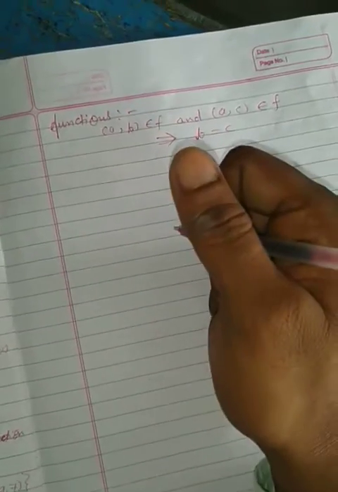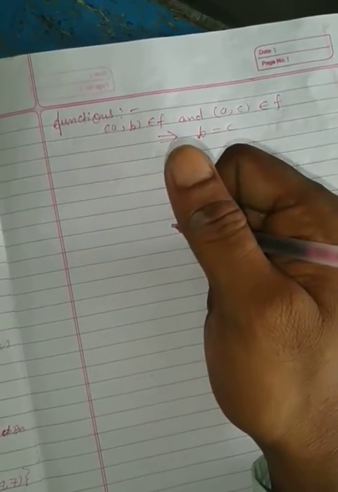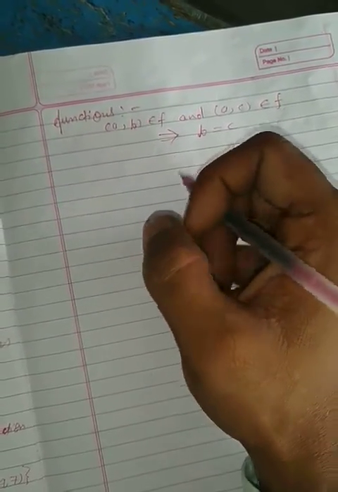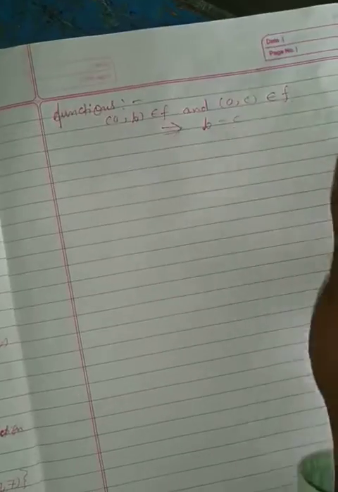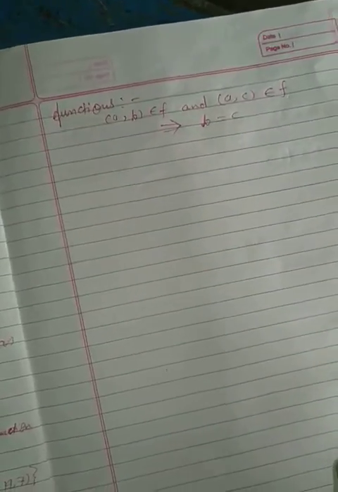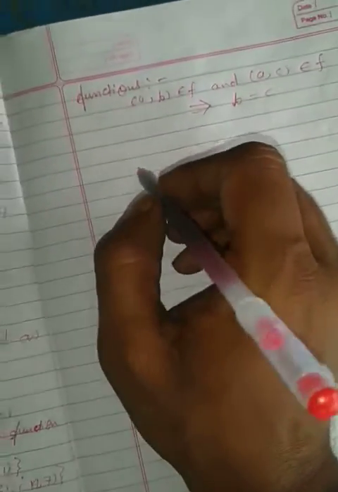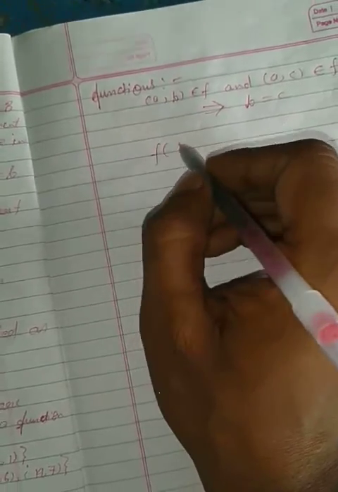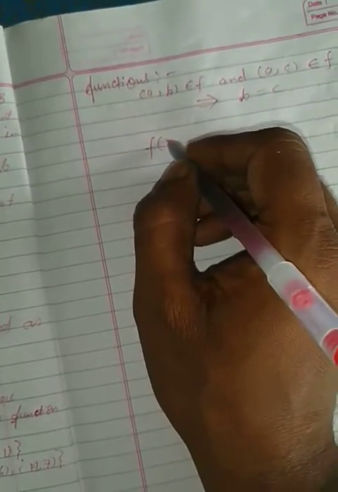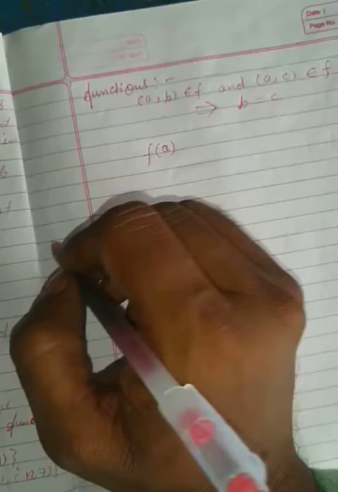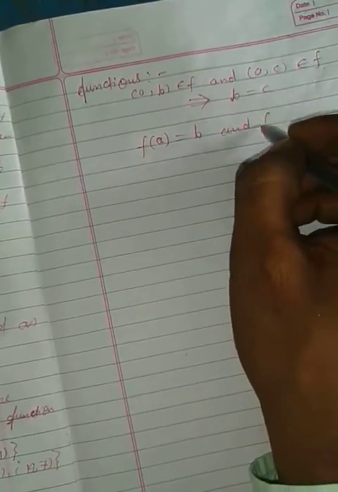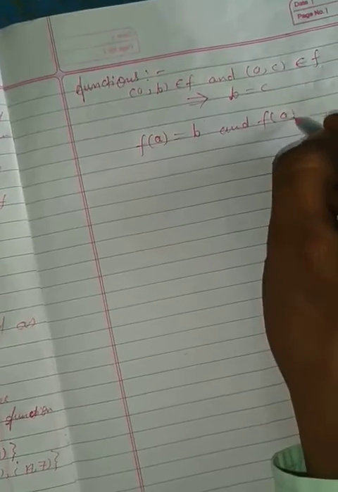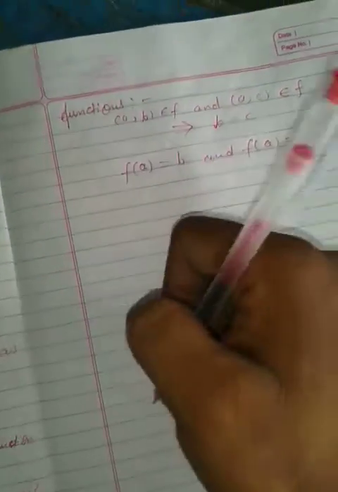In other words, at a single point the function must not have more than one value. Suppose the value of the relation at a is equal to b, and the value of the relation at a is also equal to c.